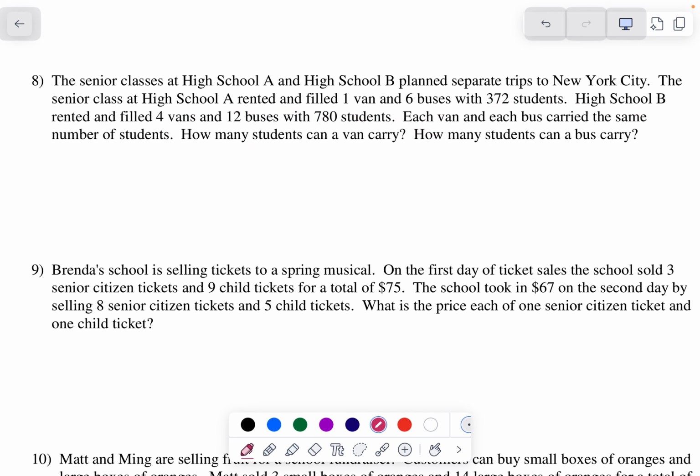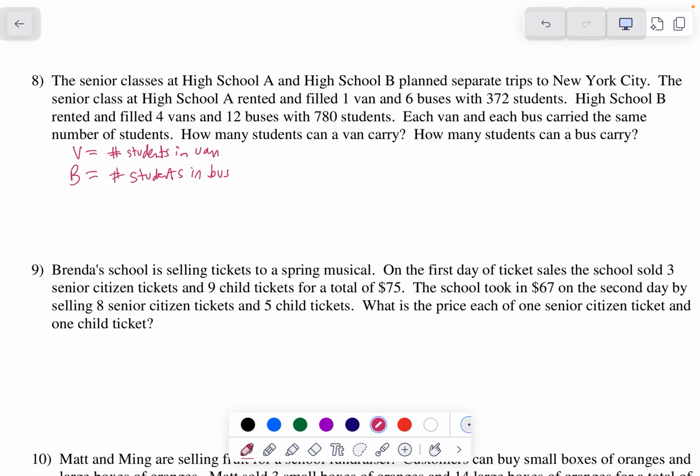Let's call V the number of kids that can be in a van. And let's call B the number of students in a bus. My beautiful writing. Okay, so we're just defining what those are.